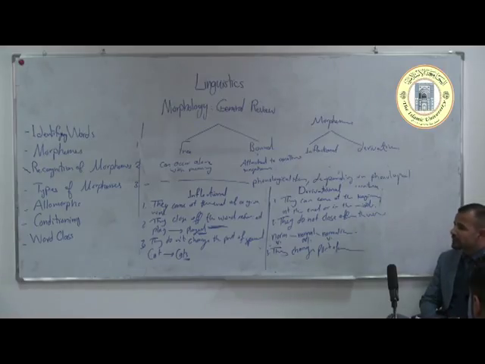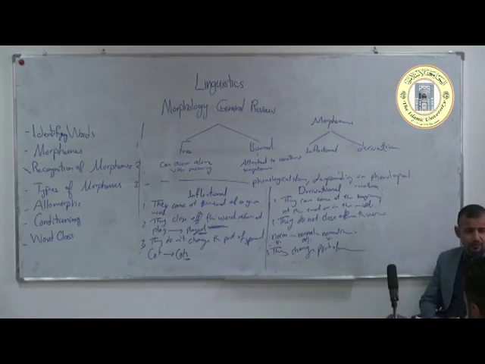So allomorphs can be defined as the actual realizations of a morpheme, or the different forms of a morpheme.